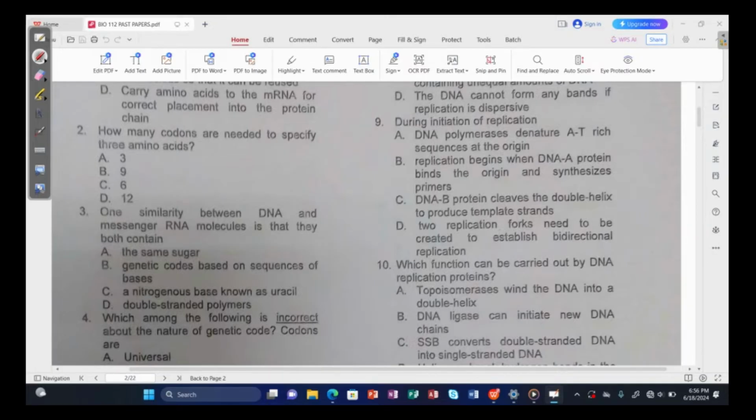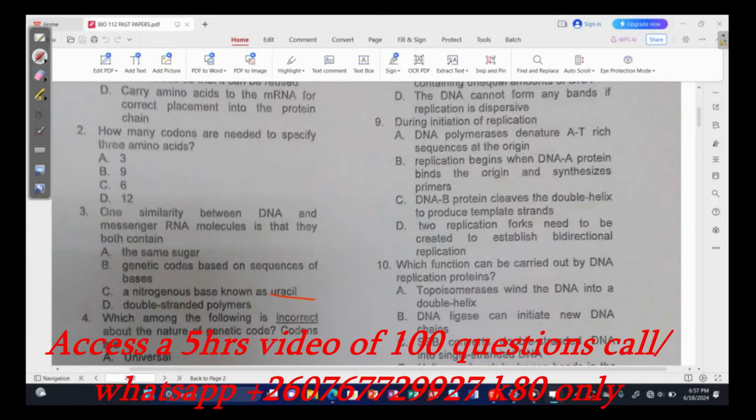C is saying nitrogenous base known as uracil. That is, they both contain the nitrogenous base uracil. Uracil, you can only find it in RNA. All the types of RNA can contain uracil, but not DNA. So it's false. D is saying double-stranded polymer. That is, both messenger RNA and DNA are double-stranded polymers.